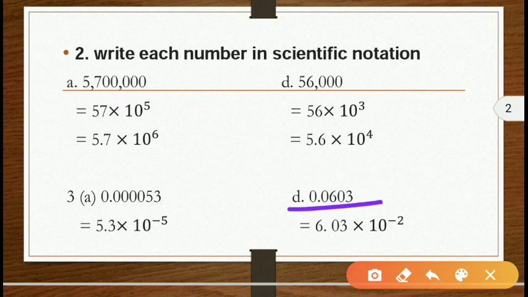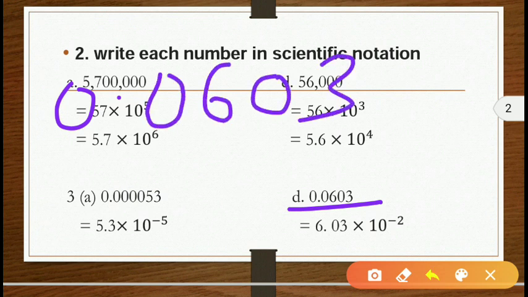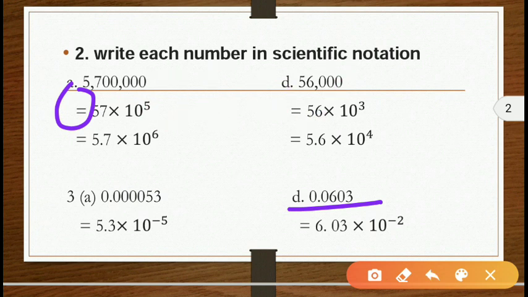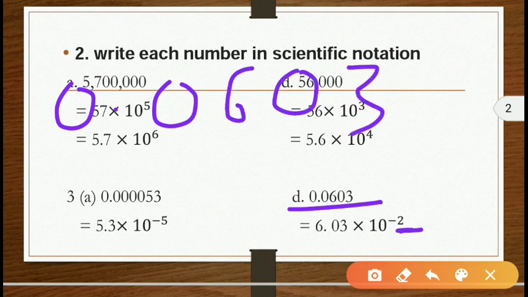Suppose this is an example, 0.0603. You want to shift your decimal here. You can also write it like this, 60.3, but the power will change. Remember this. Suppose this is your example. You want to shift your decimal here only. So how many digits are you crossing? 1 2 3 digits.